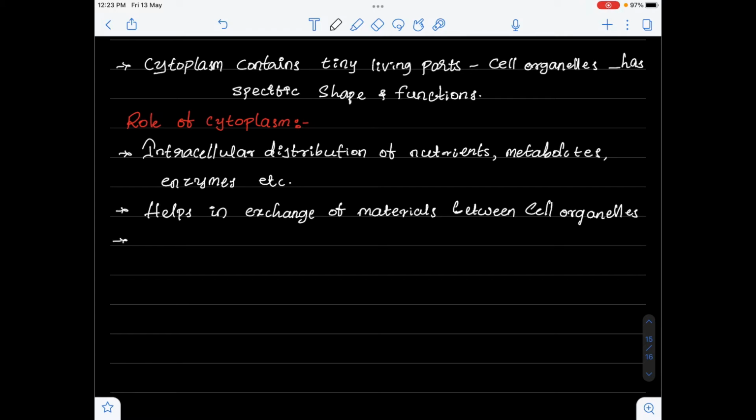And cytoplasm is the site of glycolysis. Site of glycolysis. This is the first step of respiration.